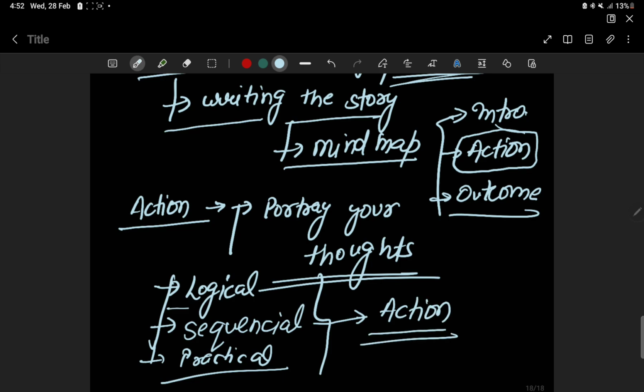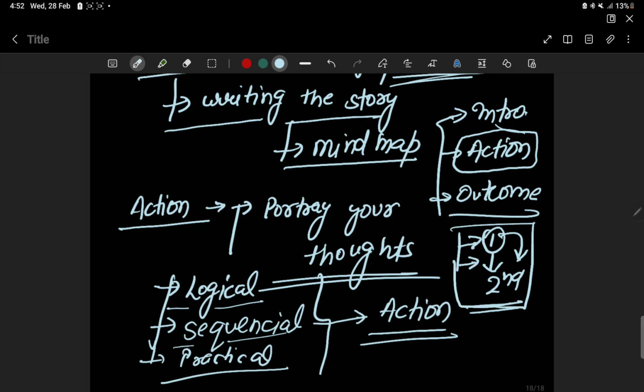Now logical means that the story should look logical, that it can happen in real life. Sequential means that if the first action is something, then after the first action is completed, the second action should come. Like if you want to lodge an FIR, first you go to the police station.